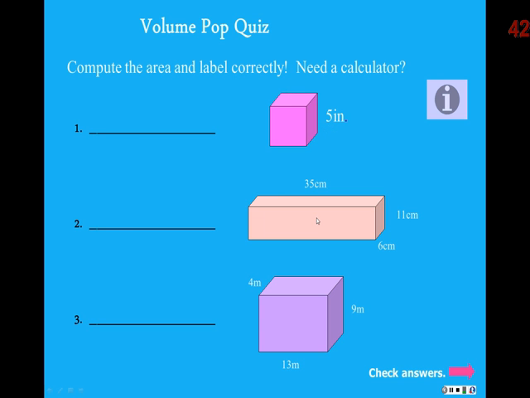And then what about number 2? 35, 11, and 6, for those of you that can't see back in the back. 35 centimeters times 11 centimeters times 6 centimeters. 2,365. And what about the last one? 4 times 13 times 9.